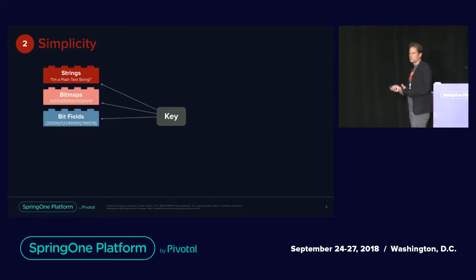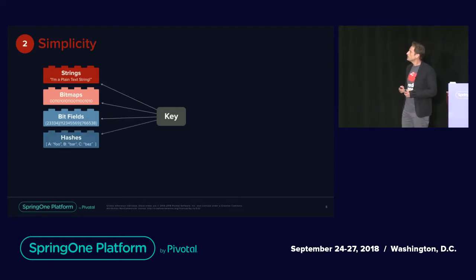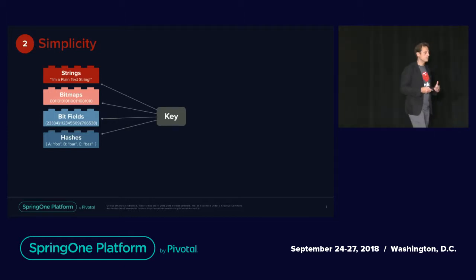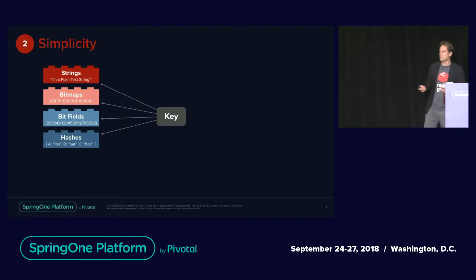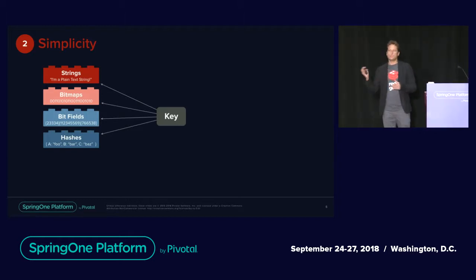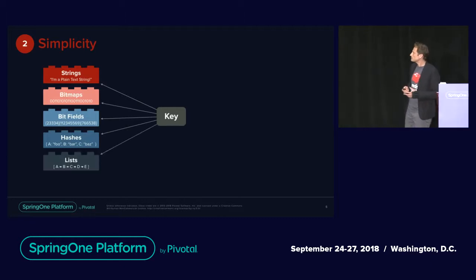Bit fields are a way to store integers in a compact fashion within a string data structure. And then you have more complex data structures as part of Redis. So hash is very commonly used to store documents in Redis. Under a single key, you can have multiple key value pairs that you can access individually.